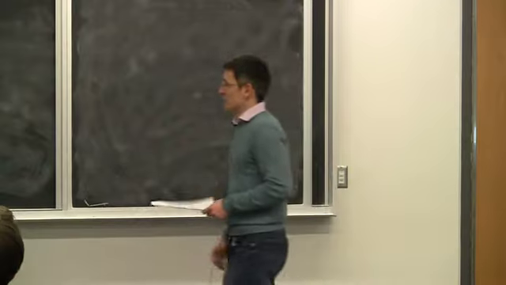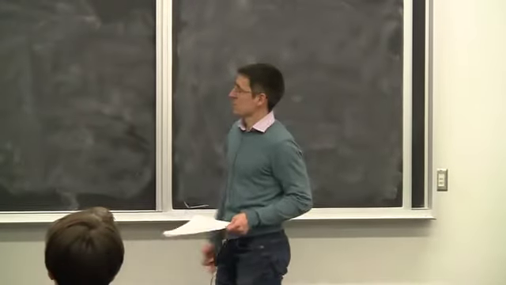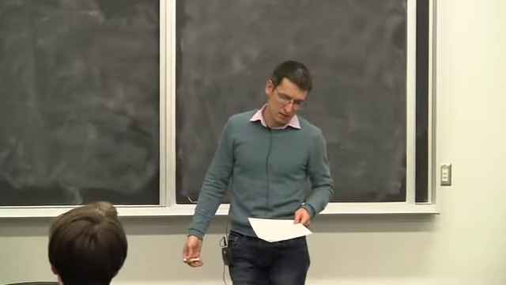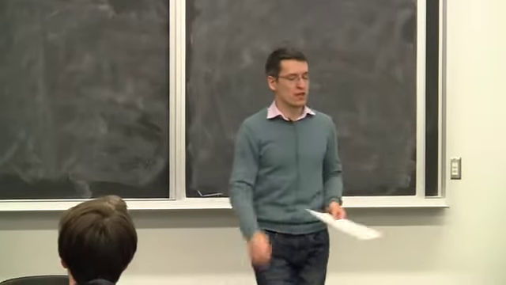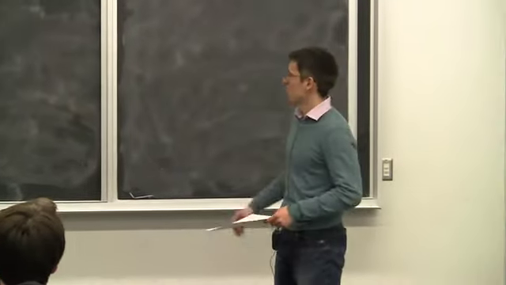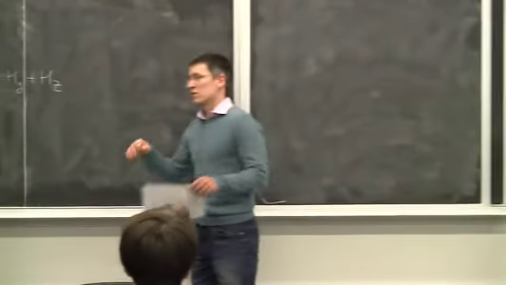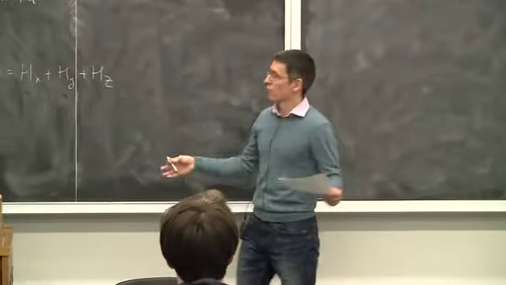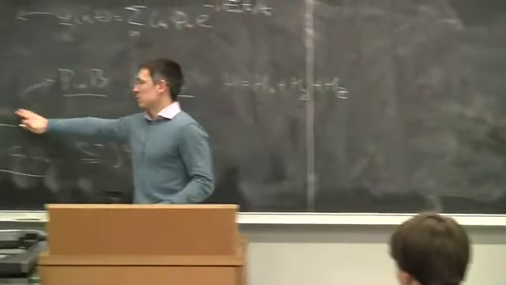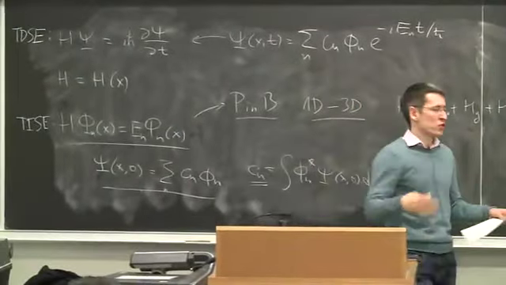At the end of the last lecture, I think I promised that we would consider the so-called variational principle, the variational approach, as the next thing to consider. This is all essentially for solving the time-independent Schrödinger equation for general problems.